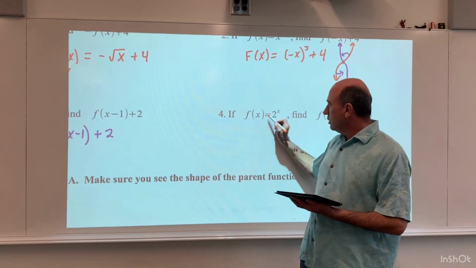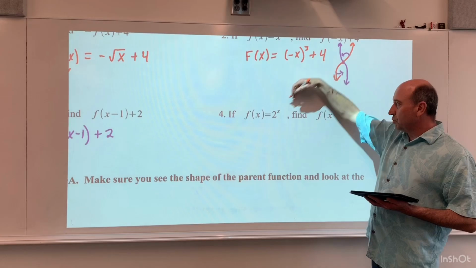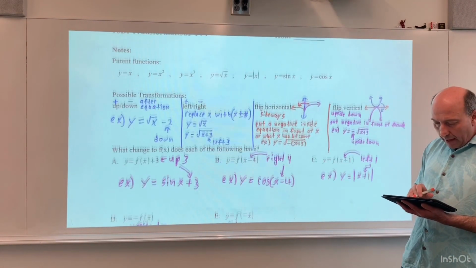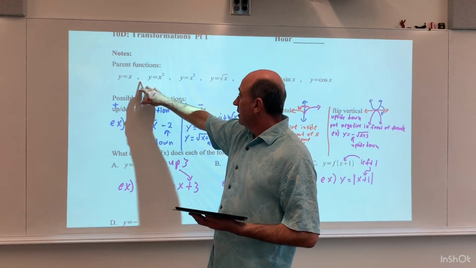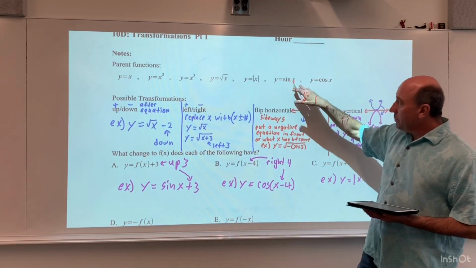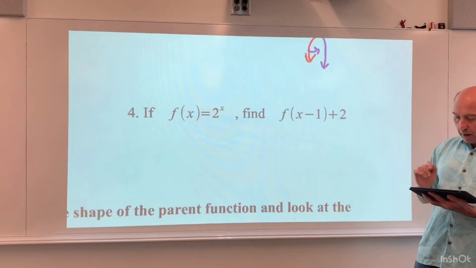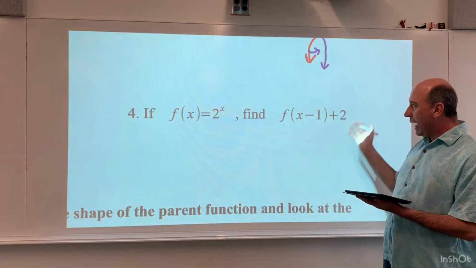This one, 2 to the x. That's exponential growth, which we talked about this year. That wasn't one of our main functions up here, interestingly enough. I am aware of that. So these are the main functions we're going to be working with this chapter. This was not one of them, but you still should be able to put an x minus 1 in it and a plus 2 after it.